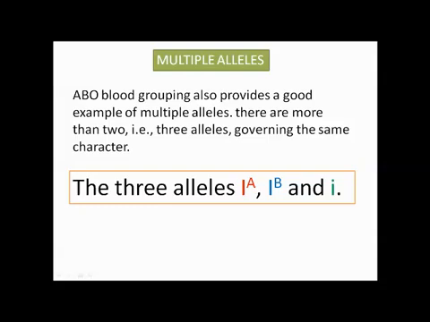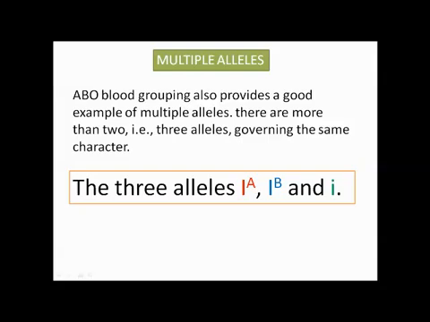Because more than two alleles are responsible for a single blood group expression, we call it multiple allelism. So this is also a form of Mendelian inheritance.